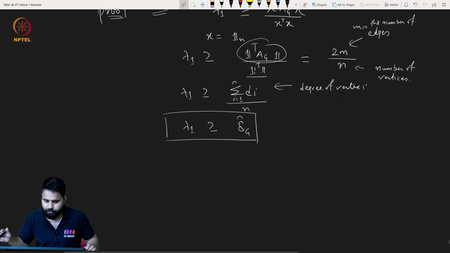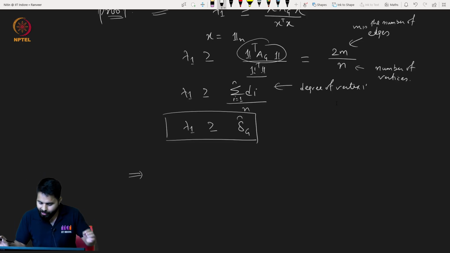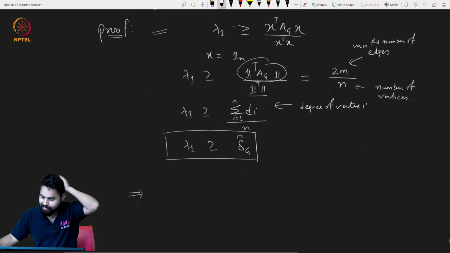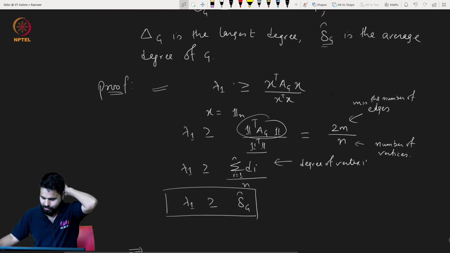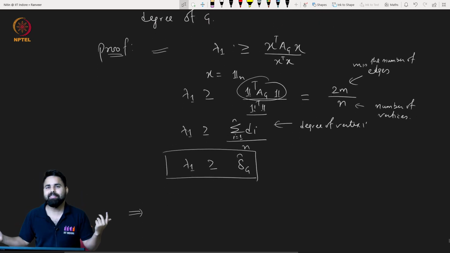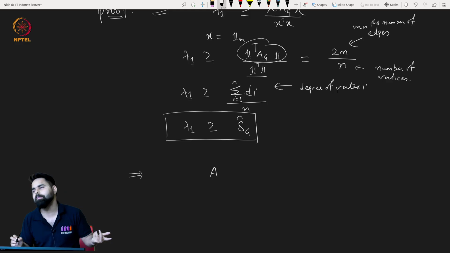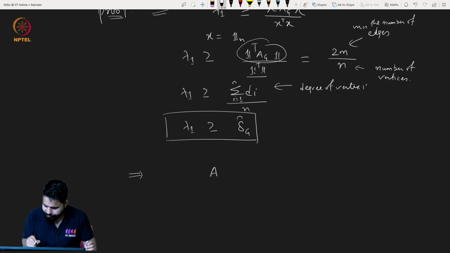Now next we have to prove that lambda 1 is smaller than or equal to the largest degree. So how to proceed with this? Again, let us take some eigenvector of lambda 1. Suppose x is an eigenvector corresponding to lambda 1.